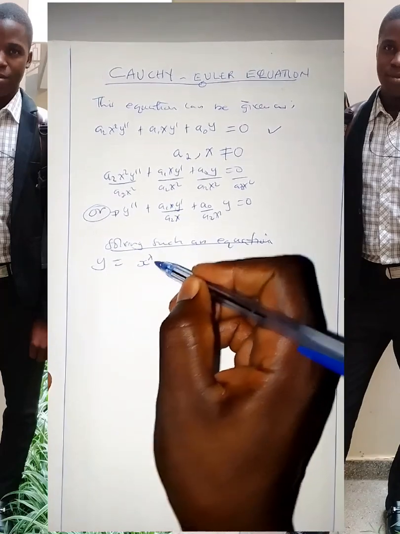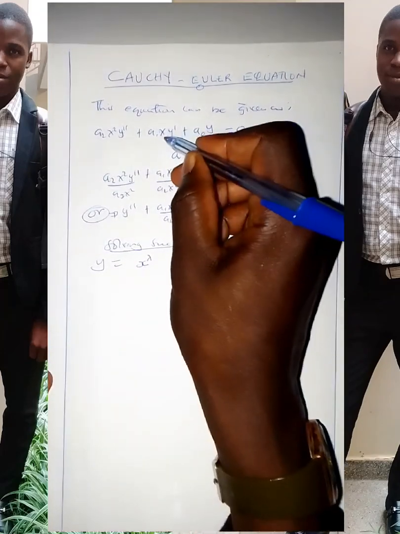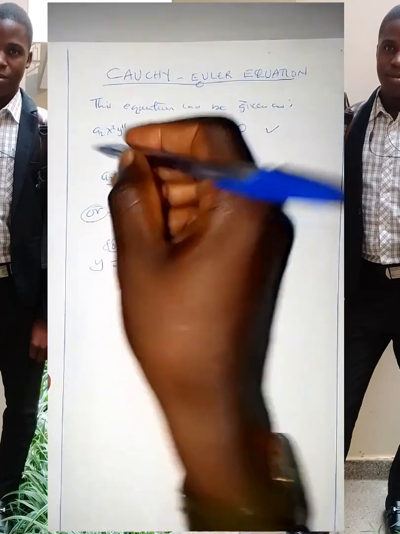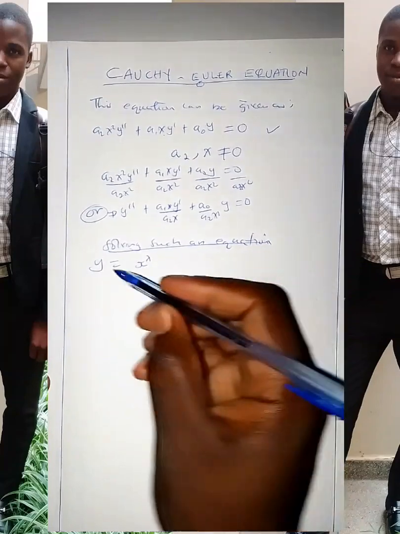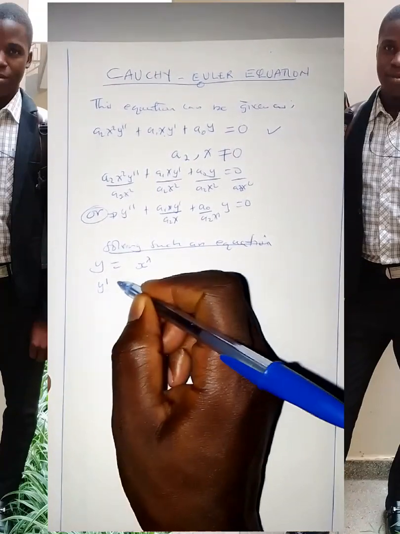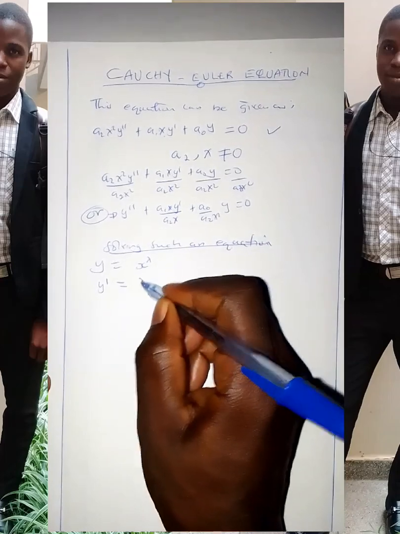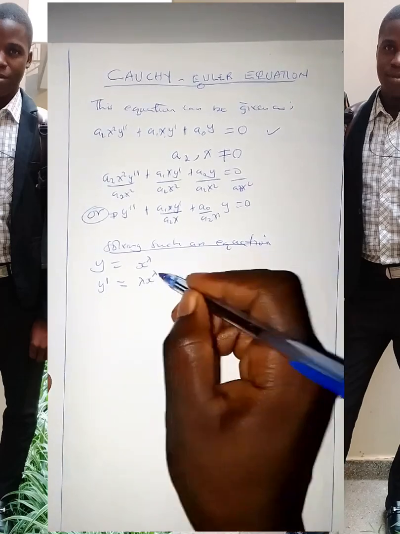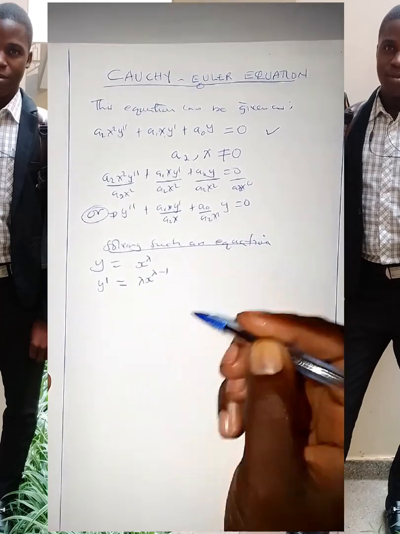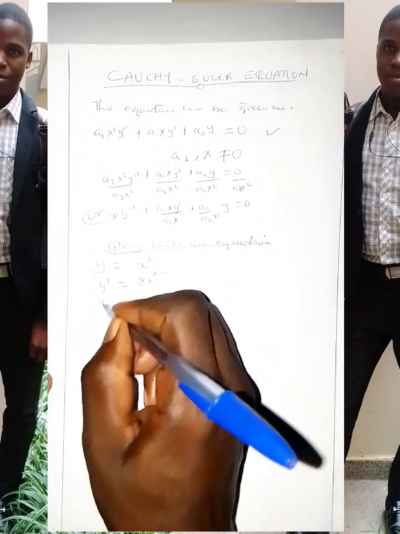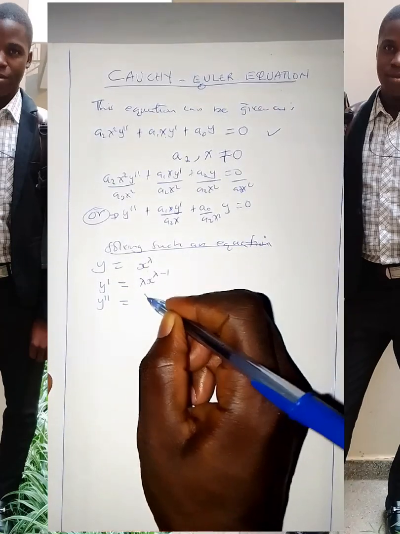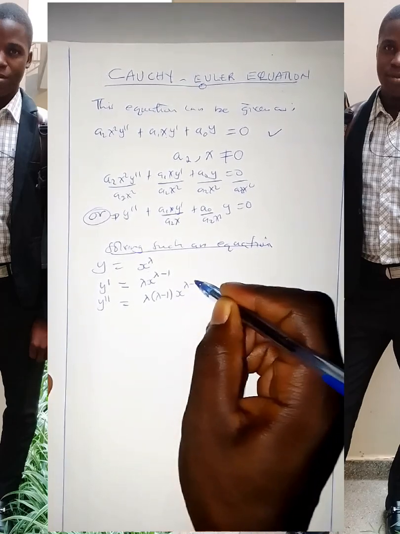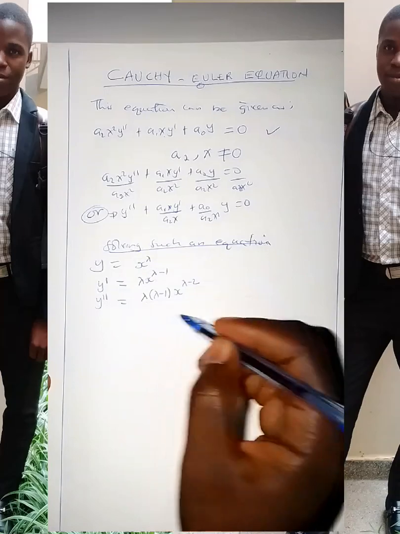So when we let this happen, x must be the variable we differentiate with respect to, and y is the function that gives us the derivative. So someone is supposed to differentiate this. When you differentiate, you get lambda x to the power lambda, but always the power is supposed to decrease by 1. So you get the second derivative: lambda times lambda minus 1, times x to the power lambda minus 2 when you differentiate for the second time.